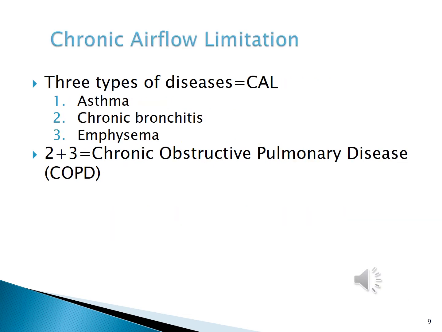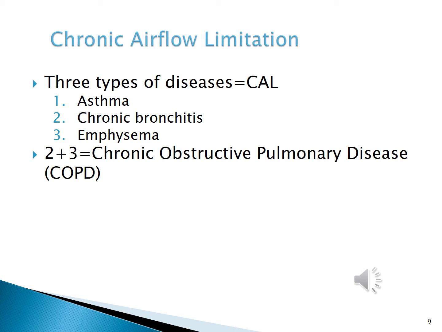Okay, so we're moving into chapter 30 content, and we're going to talk a little bit about chronic airflow limitations. CAL is how it can be abbreviated, and there are 3 types of diseases associated under chronic airflow limitation. The first one being asthma.